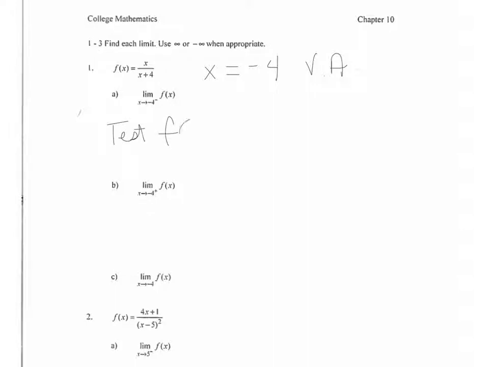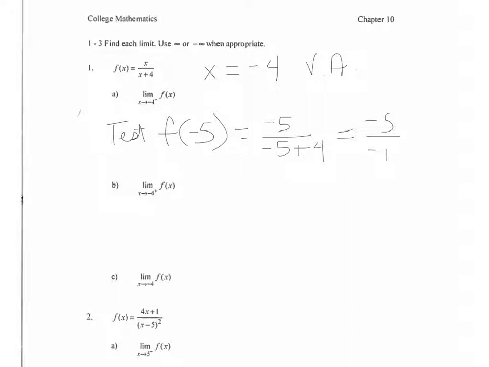So let's see what happens if we were to put -5 into this function. And what it's going to show me is whether I'm moving toward positive infinity or negative infinity. So if I put in a -5 for x, I get -5 over -5 plus 4. So that's a -5 on top over what's in the denominator?